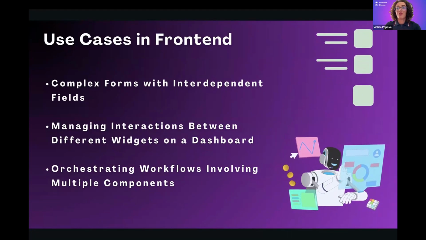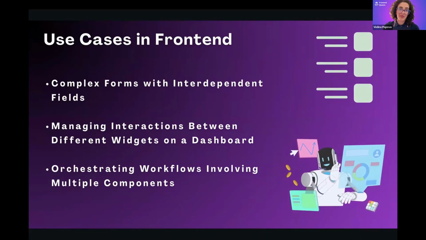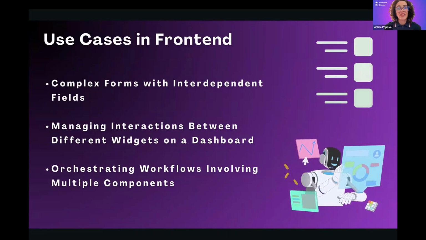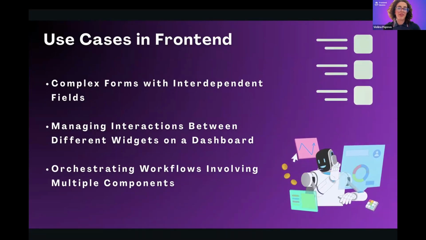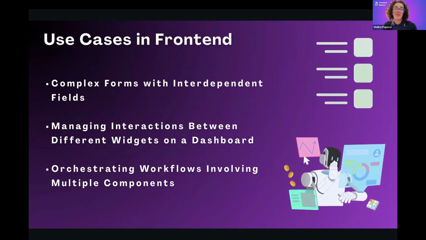Instead of each input field needing to know about and directly interact with all other related fields, they all send their changes to a mediator. The mediator orchestrates the updates across all relevant fields.